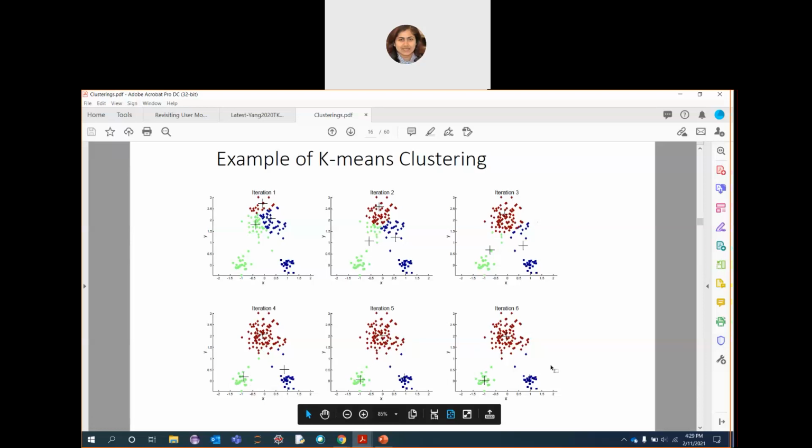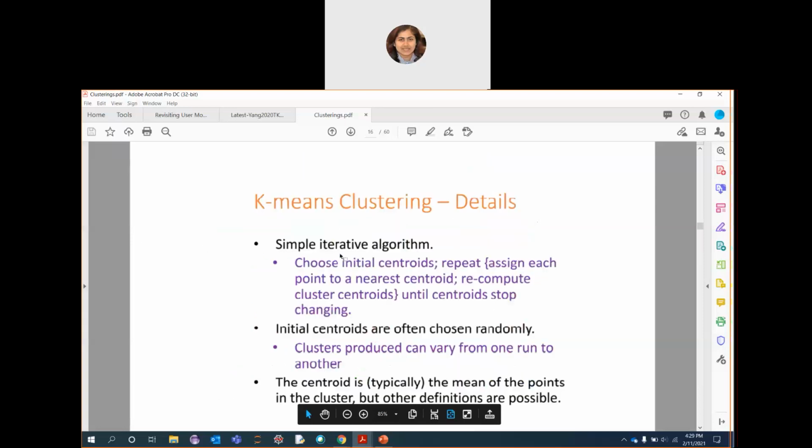And in the next step, when you find the mean, you see there is no change. So you just stick to this one, and there you finalize your result that you have 3 clusters with their own centroid points. This is your basic clustering example.